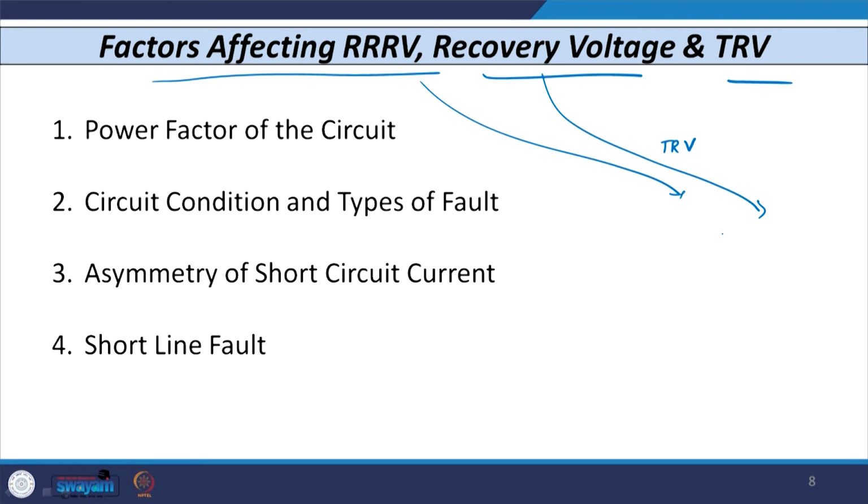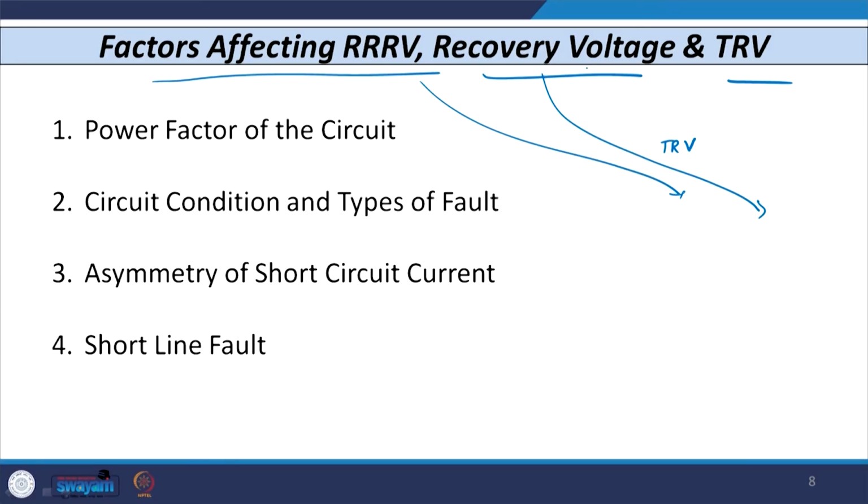So, let us discuss what factors are going to affect the RRRV, recovery voltage and TRV, because if TRV is high, that means the voltage across the contact of the circuit breaker is higher and higher, then there are fair chances that restriking of the arc is going to occur. So, the arc is not going to be fully quenched.